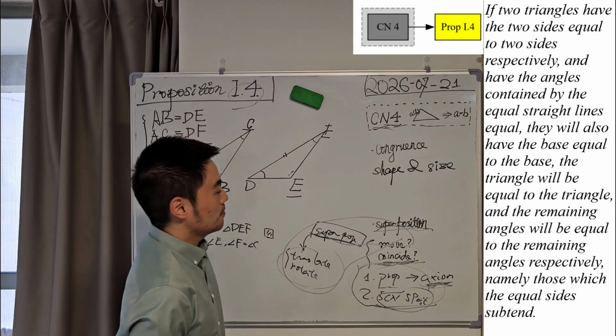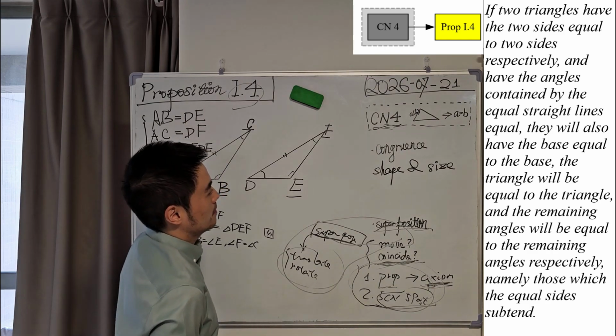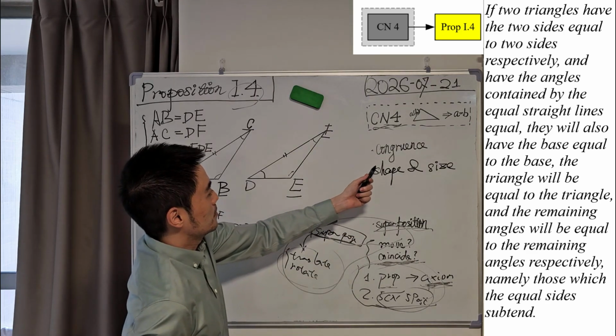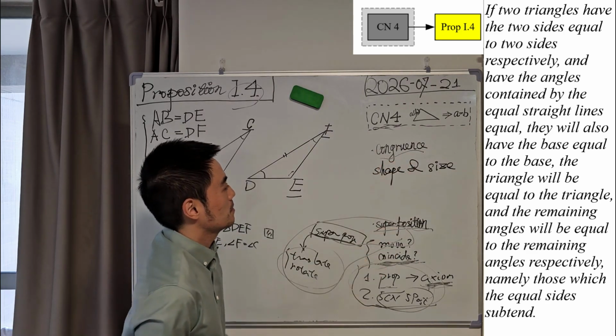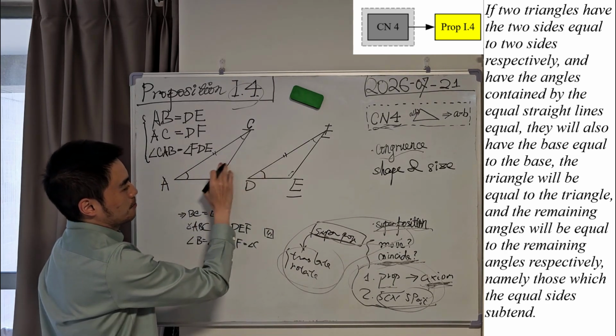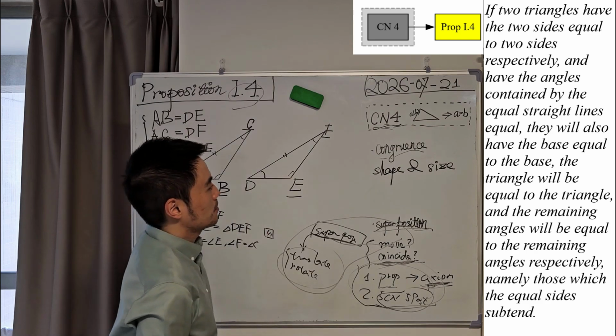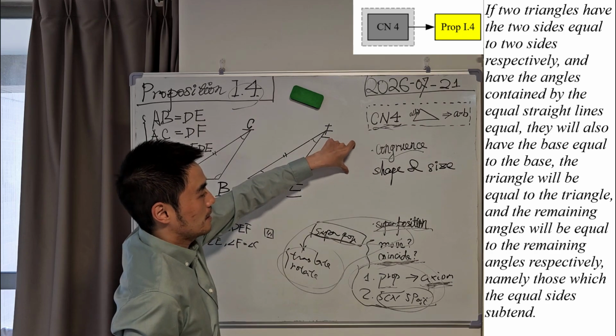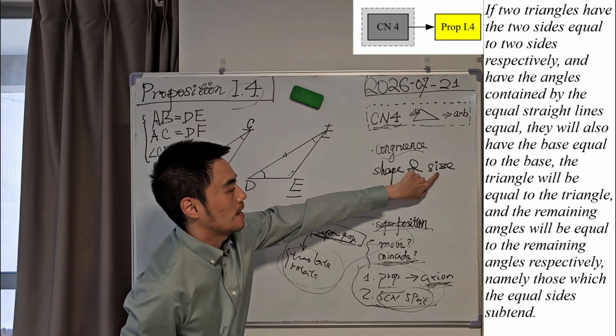And at the end of this video, I would like to briefly introduce another concept which is called congruence. In this proposition, these two triangles are congruent. Congruence means, in geometry, two figures have the same shape and the same size.